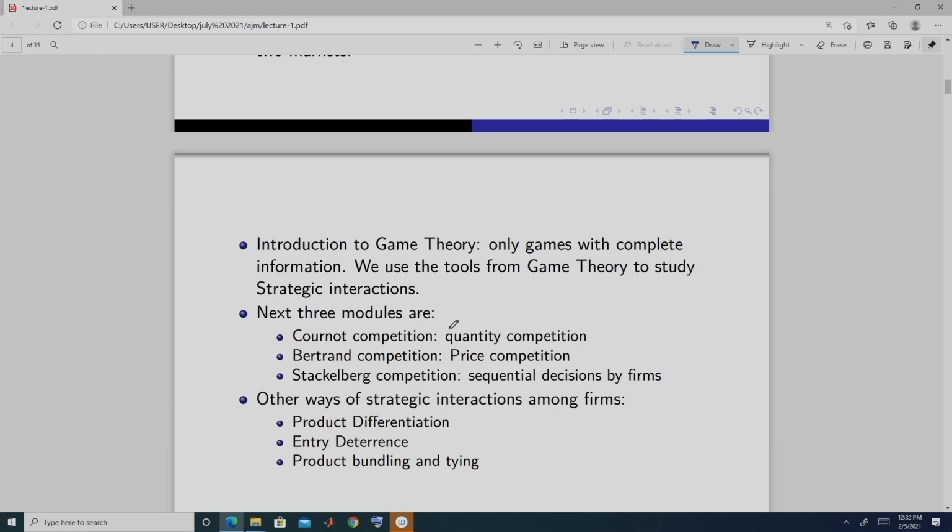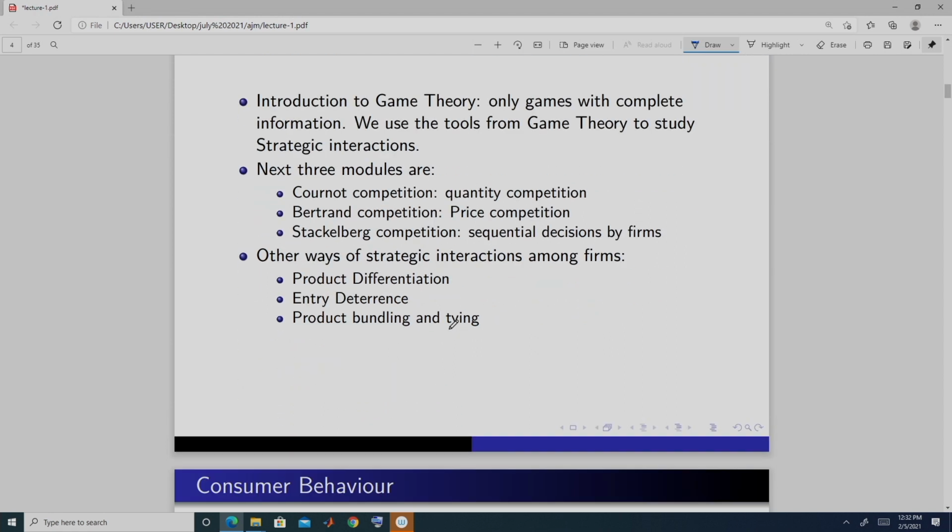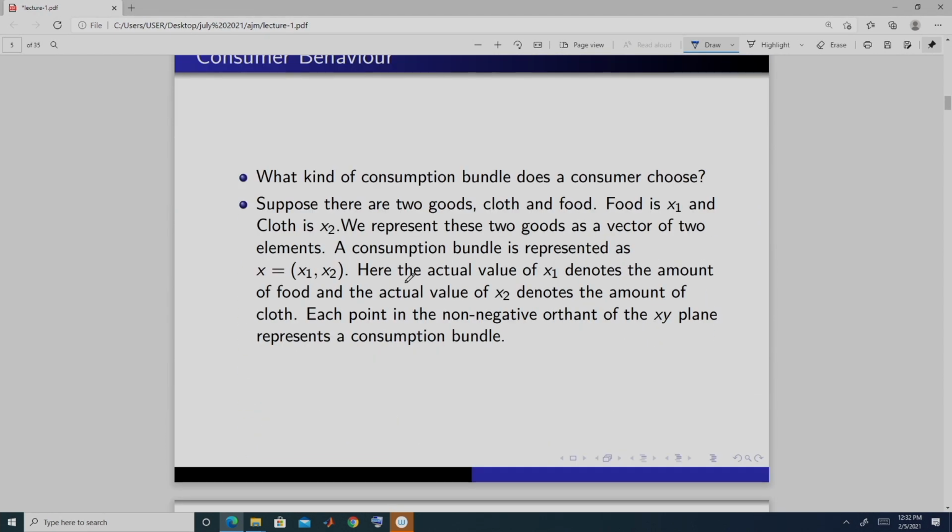So here our objective is to derive the demand curve of a good. The first question that we address in this section is, what kind of consumption bundle does a consumer choose? Suppose you are in a world where there are only two goods, cloth and food, and we represent food by x1 and cloth by x2.